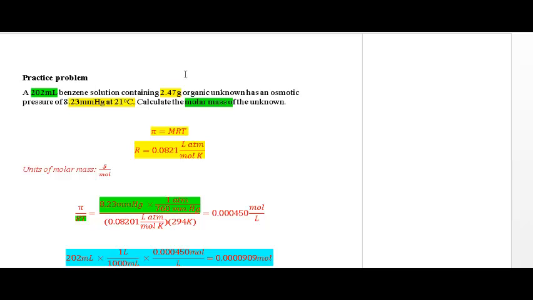So osmotic pressure, pi, is basically the pressure that's required to stop osmosis. So if you want to stop benzene from permeating the semi-permeable membrane, you're going to need to add 8.23 millimeters of mercury at that particular temperature.